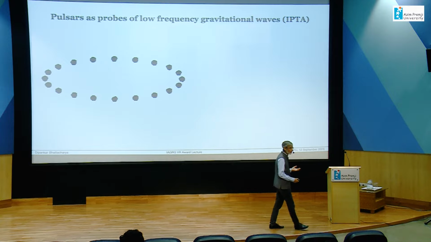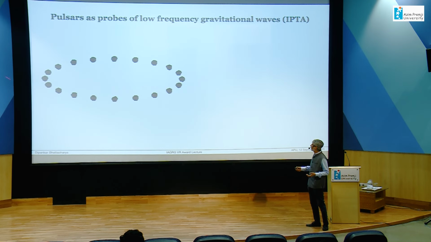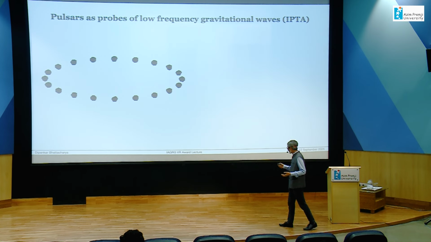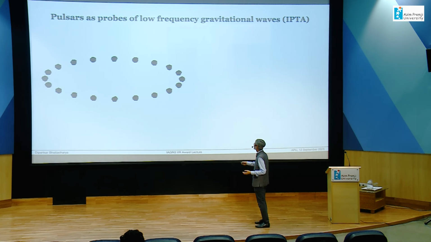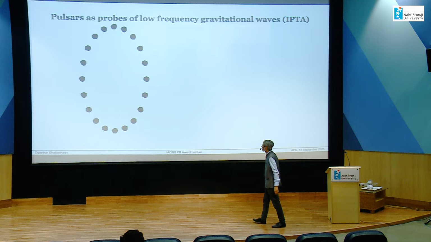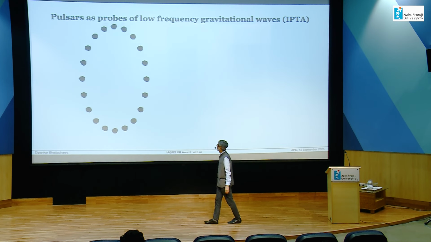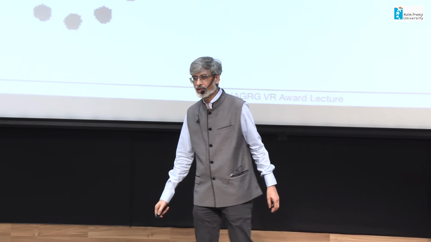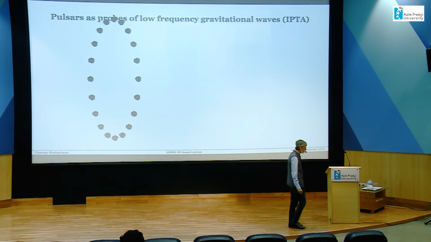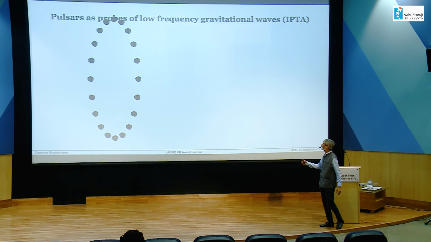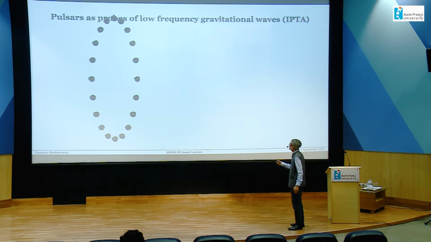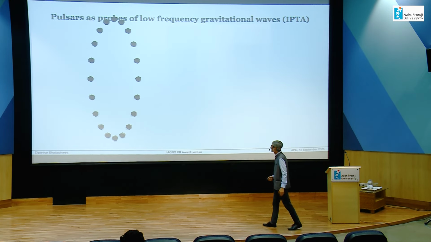So what does a gravitational wave do? Suppose you have the distribution of arrangement of masses like this. Once a gravitational wave passes, it is going to make this array of masses oscillate like this. So if you look at any two masses which are nearby each other, pick any two.